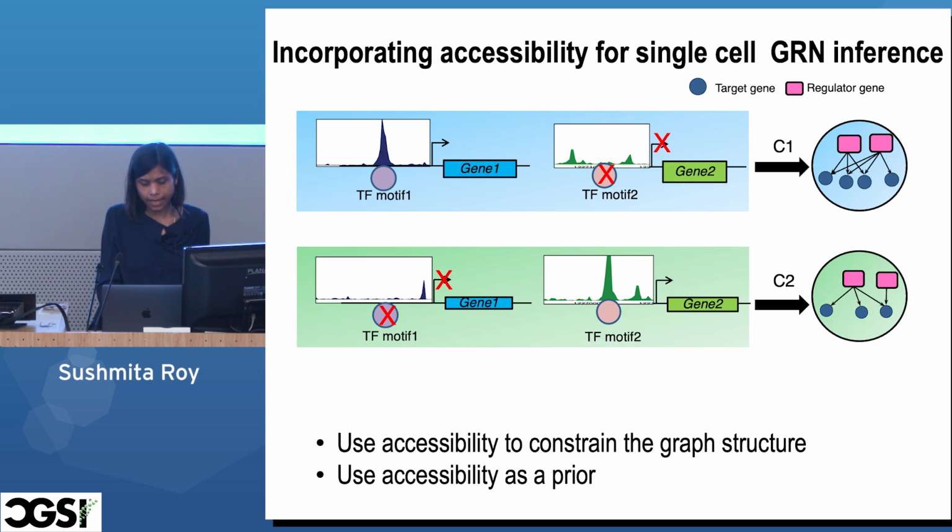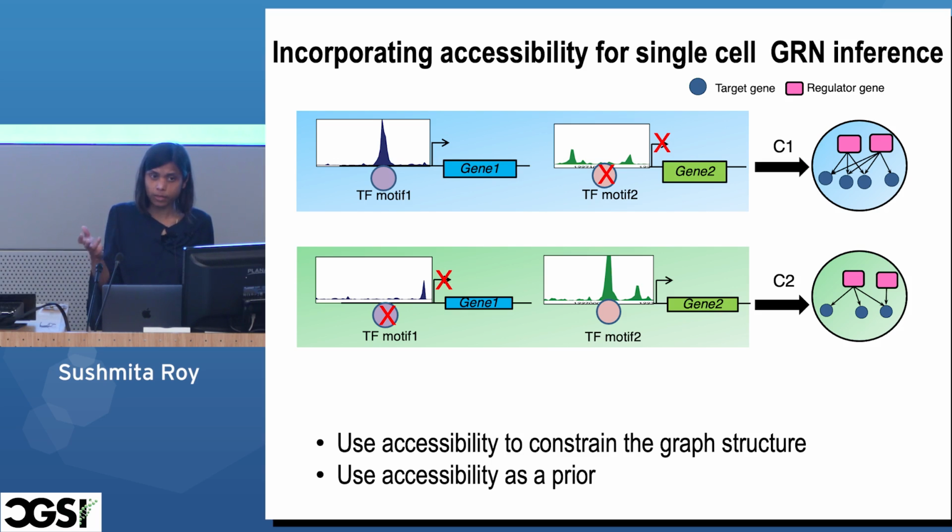In one cell type, the G1 promoter is accessible for this transcription factor, whereas it is not accessible in the other cell type. Accordingly, the other gene has an accessible promoter in one cell type, whereas it is not in the other. Both of these would give you different cell type specific networks. So with accessibility, you could map a skeleton gene regulatory network that is cell type specific, if you had cell type specific accessibility information.